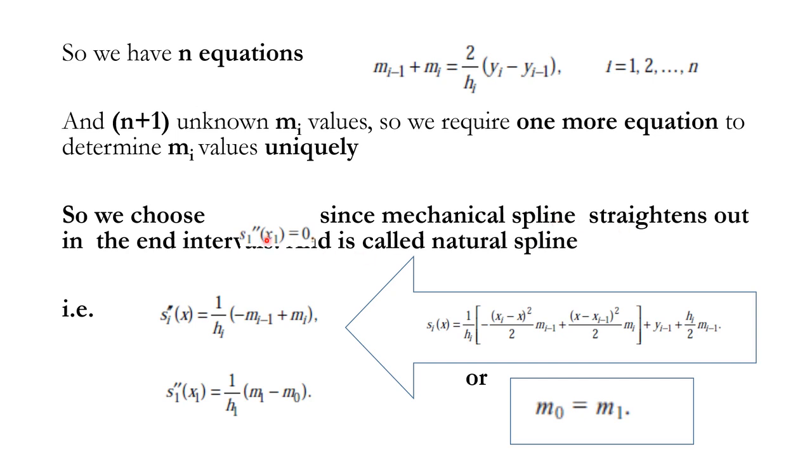So this condition is also called the natural spline condition. And the spline obtained in this way is called the natural spline. That is Si double prime of x equal to, differentiating 2 times, we will get this one.